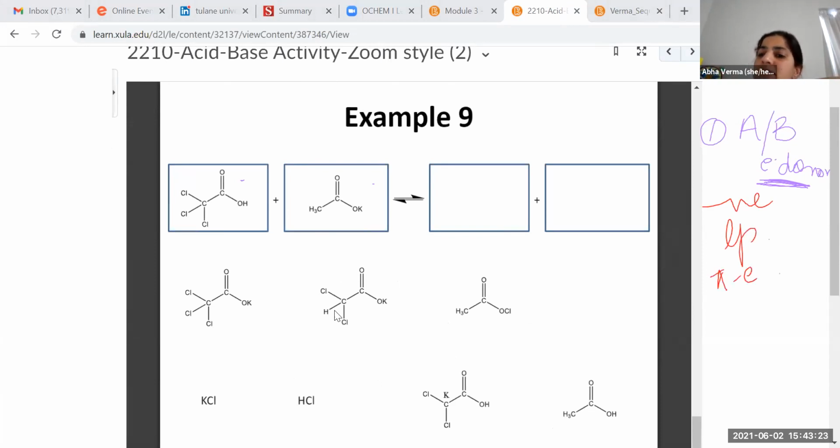Ariel, out of these 3 sources, which is the strongest electron donor source? The negative, because it has the excess of electrons. Very good. All right, that's more than enough.